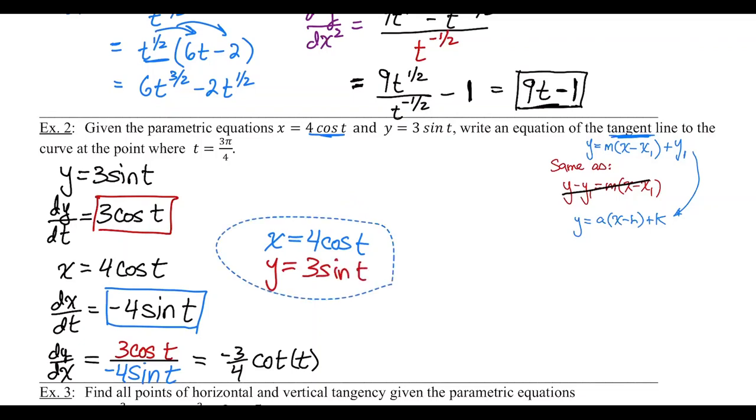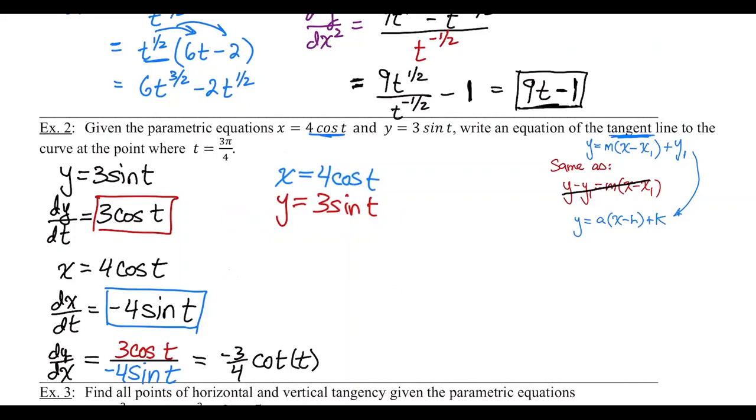Let me move this back up. And then I need my dy dx. And here I'm going to leave it as 3 cosine t over -4 sine t. All right.